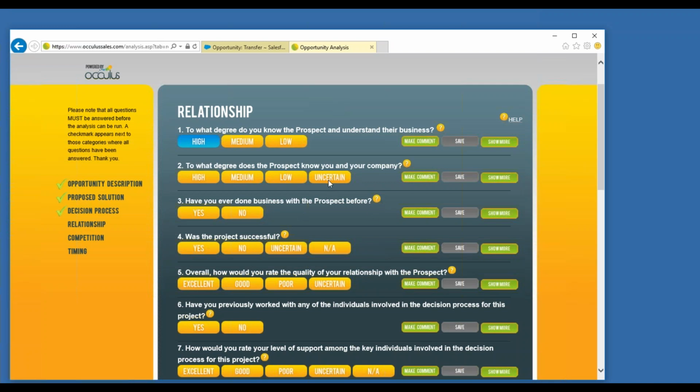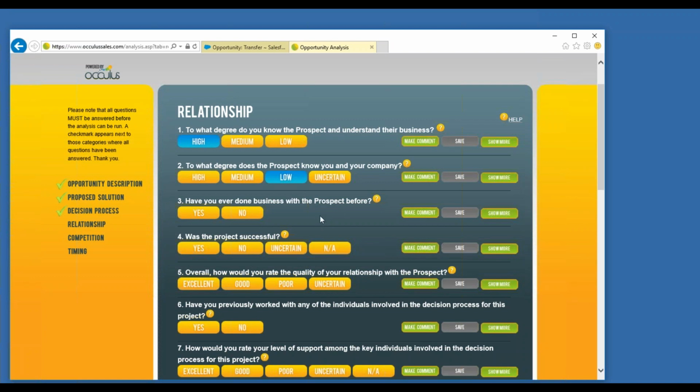To what degree do they know us? Well, not very much. I'm going to say low because I haven't talked to the decision makers. I don't know if they know us. Maybe I shouldn't assume and should put in uncertain, but I'm going to assume low at this point in time. And then I've got an action item to do something.